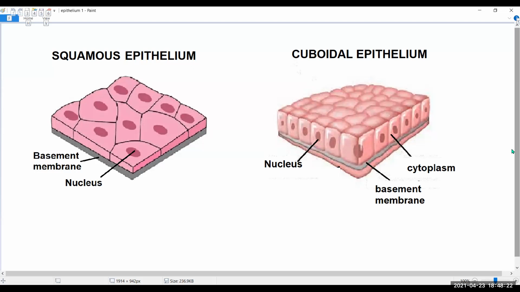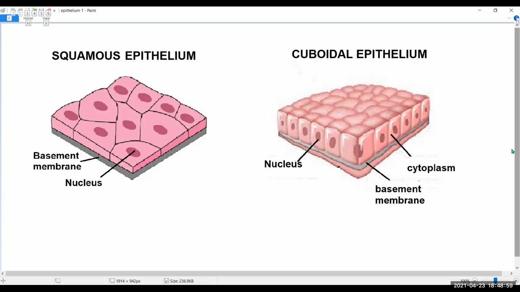The cells are extremely thin and flat and are arranged edge to edge, forming a delicate lining or covering. These cells are usually protective. It forms the lining of cavities of ducts and blood vessels, surface of the skin, and lining of mouth, oesophagus, and nose.